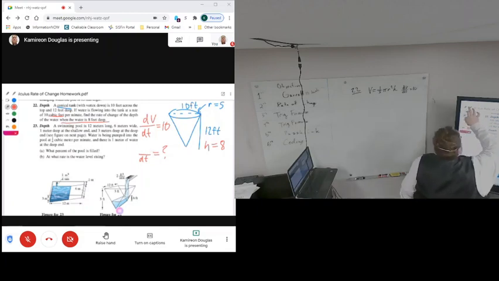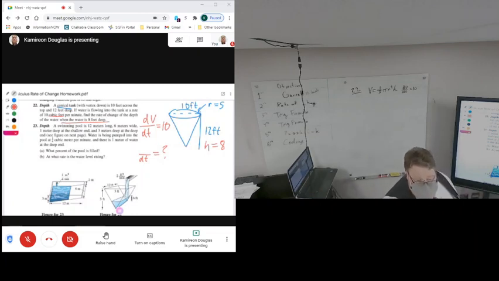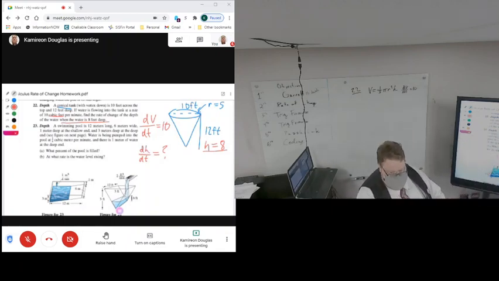I could either use depth for both, I could use x for both, or I could use h for both. But this is the depth as well. So if I'm going to call the depth h for height, I should make this dh/dt. I hope that's clear. Because if I use dx/dt, then I want this problem to have x in it somewhere.